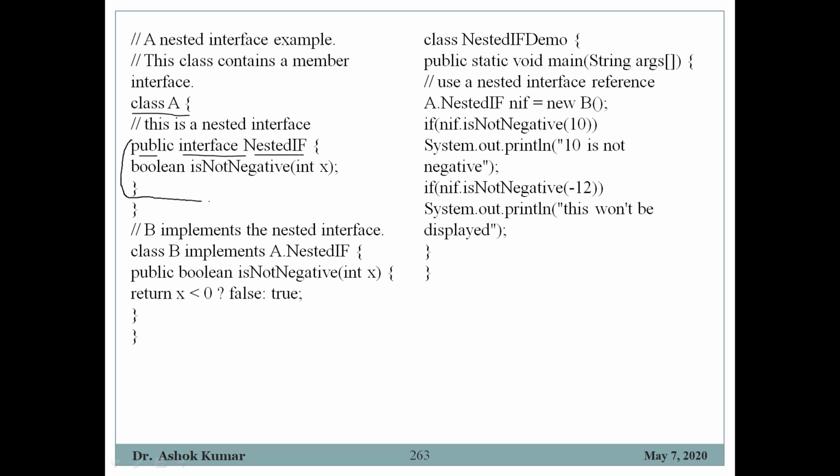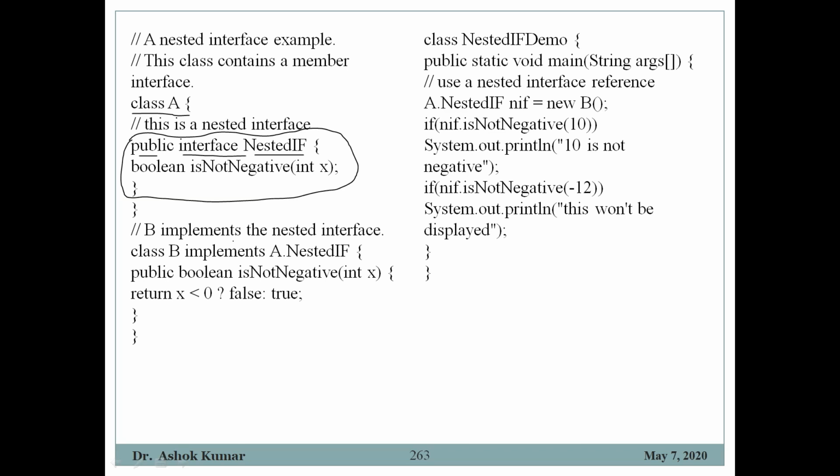This is the definition of the interface that I am drawing a boundary around. And it is nested in a class. It's a member of a class. So this is a member interface because it's a member of a class, or we can call it a nested interface.